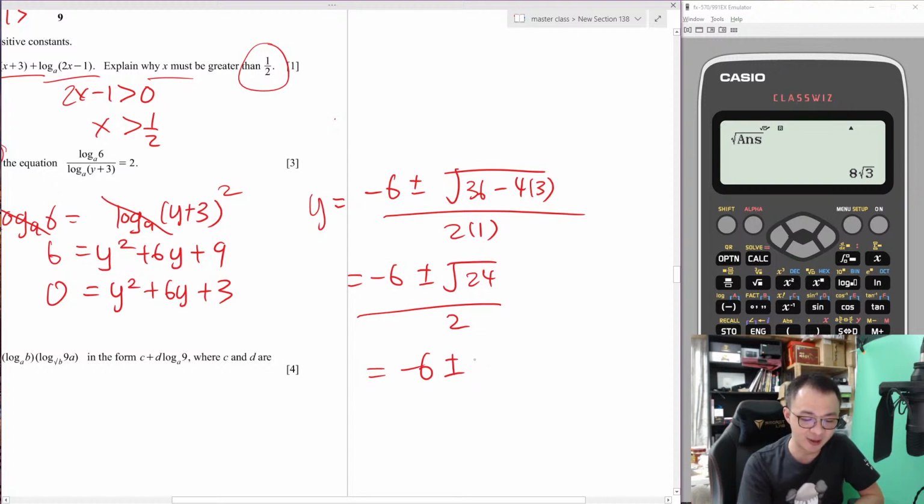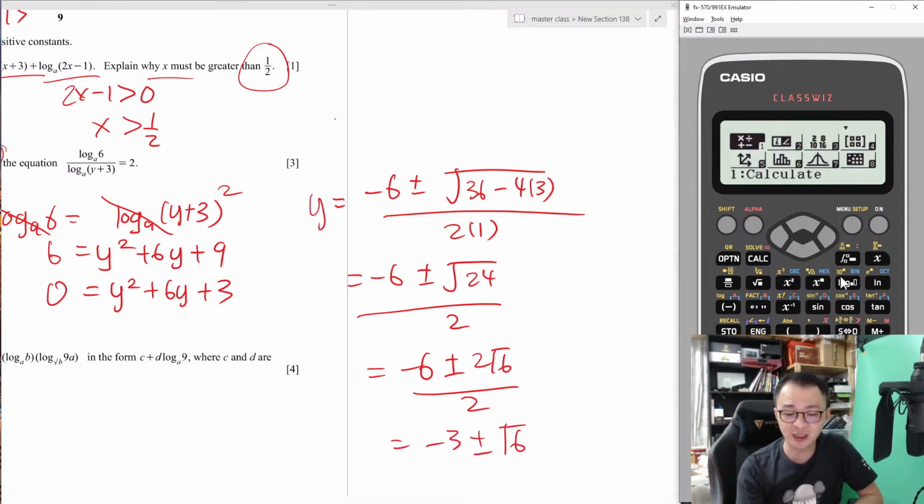So 2 root 6 over 2. Negative 3 plus minus root 6. Okay, use a calculator to double check your answer. You can go to polynomial, 2, 1, 6, 3. Then you should get exactly the same answer as mine.